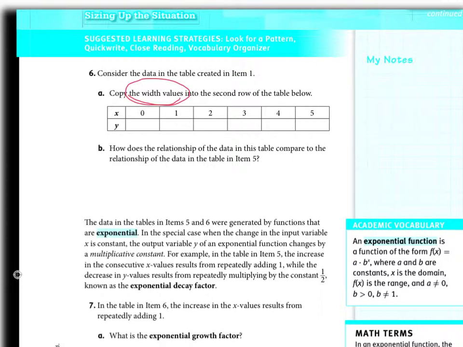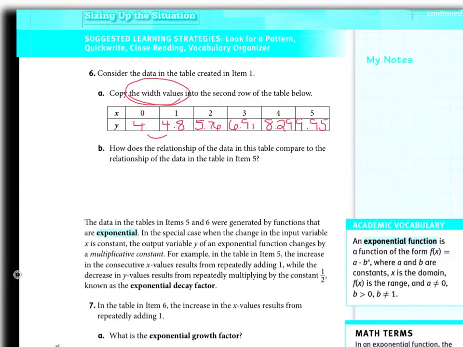So if we copy those width values into this table, 4.8, 5.76, 6.91, 8.29, and 9.95. Are we adding the same thing each time?